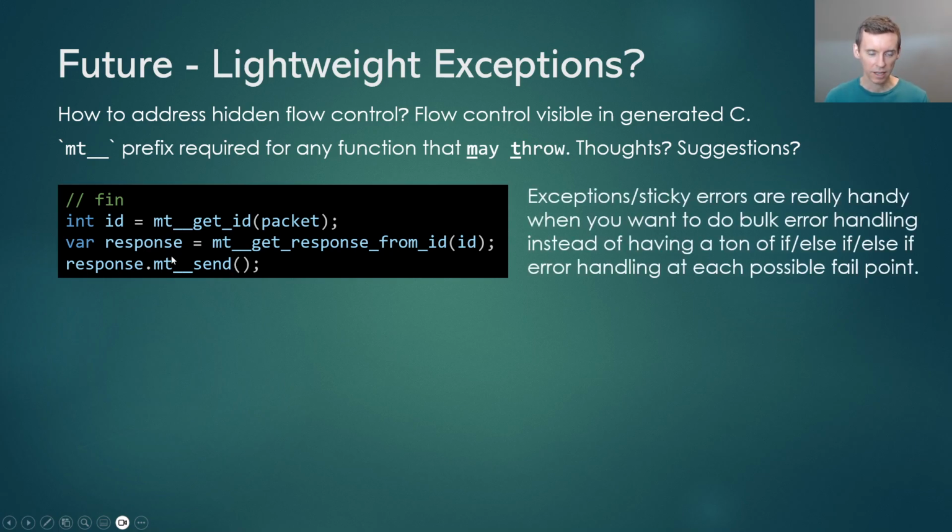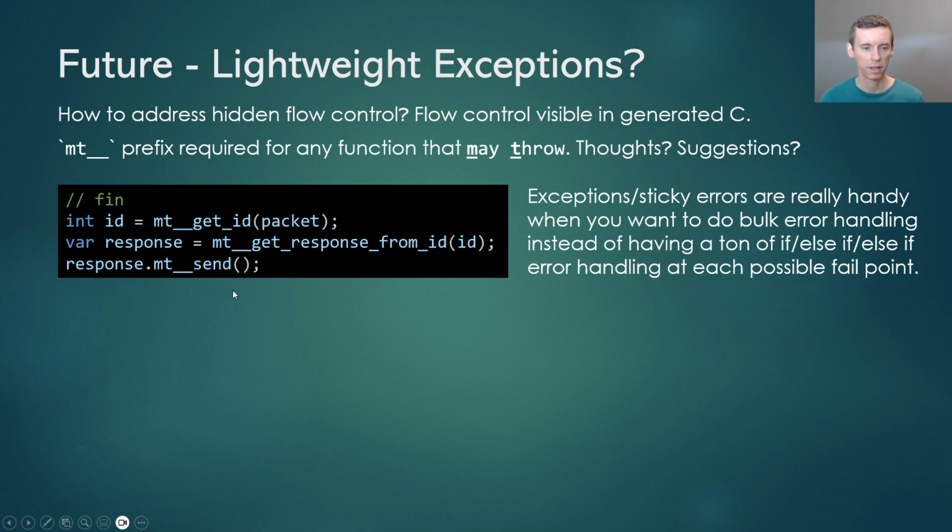Now, here's where I personally see some of the benefits of exceptions. We can see that it's all visible here, but we also don't have to clutter our code with a whole bunch of if else for handling all of the errors in here.